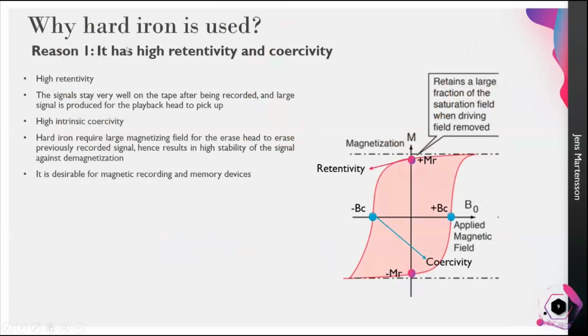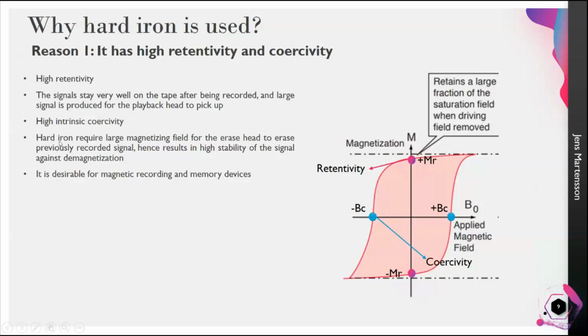So why are we using iron oxide in magnetic recording? The main reason is that it has high retentivity and coercivity. High retentivity means that the signal can stay very well on the tape after being recorded, and a large signal can be produced for the playback head to pick up. On the other hand, it also has high intrinsic coercivity.